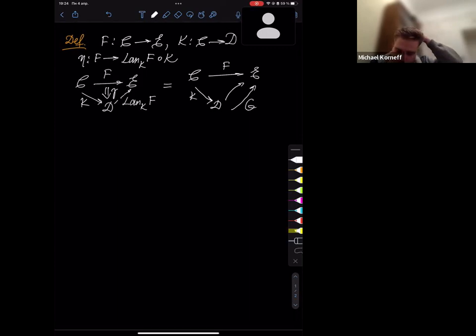and for all functor G, we have a unique natural transformation alpha, and we have a natural transformation eta, such that we have the identification of these diagrams.